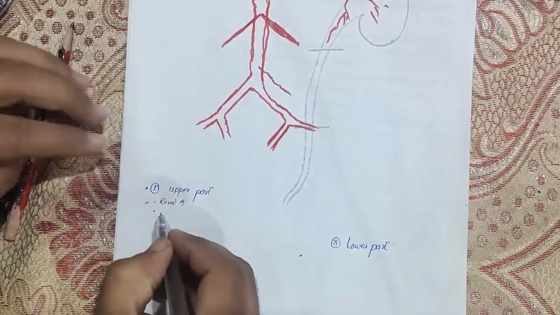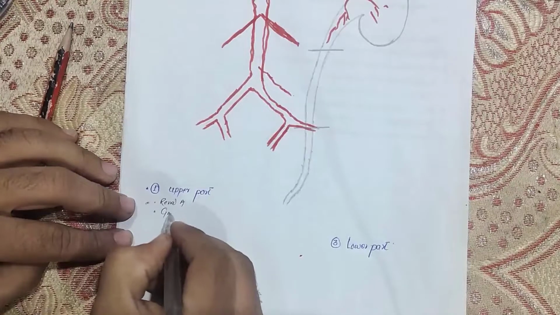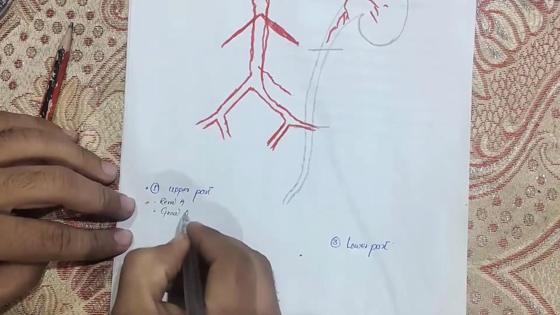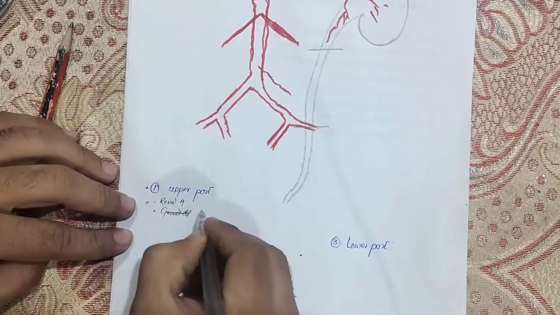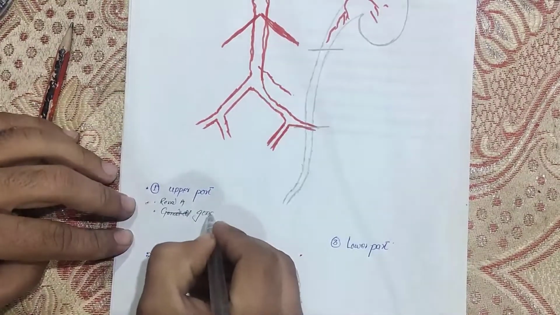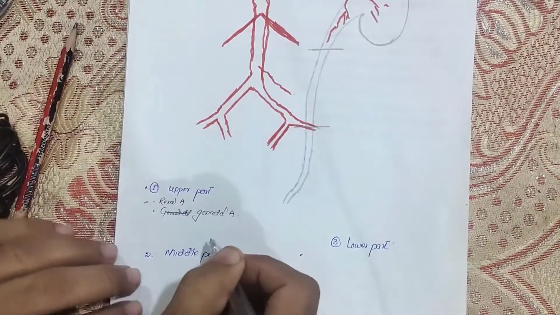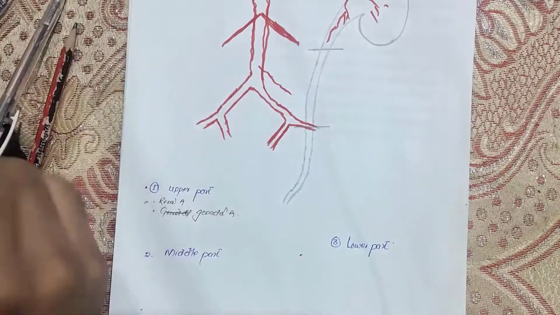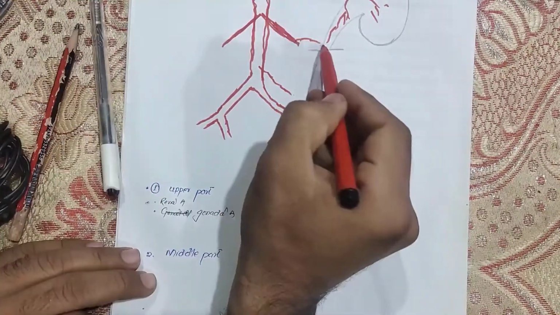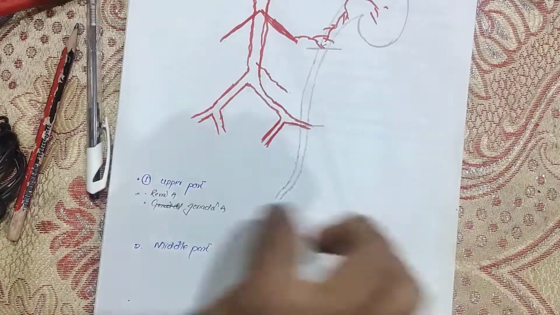Then the second one is from the gonadal artery. These two arteries supply blood to the upper part of your ureter.